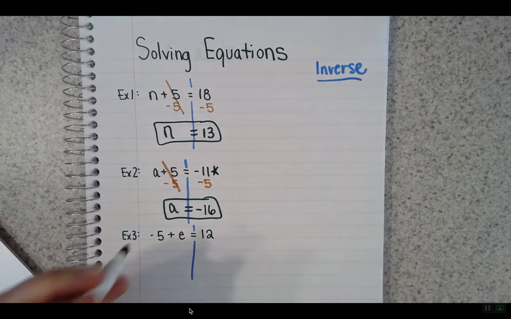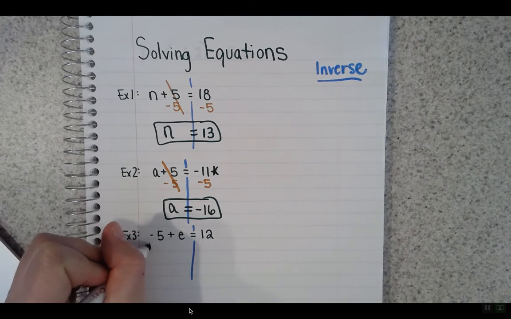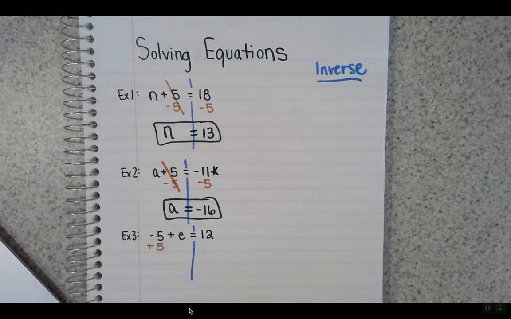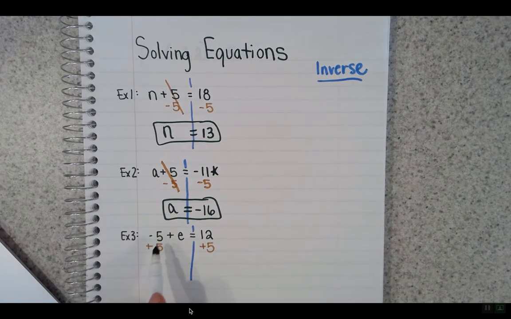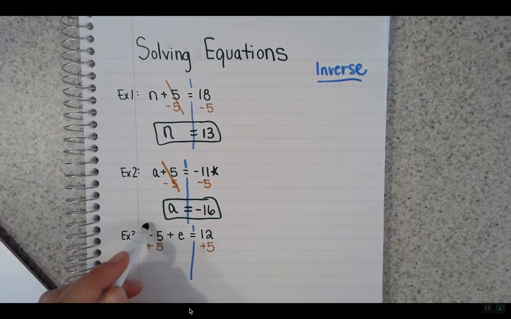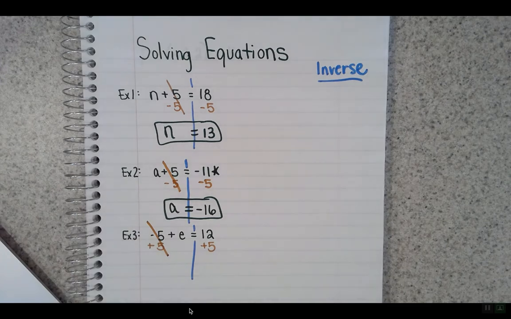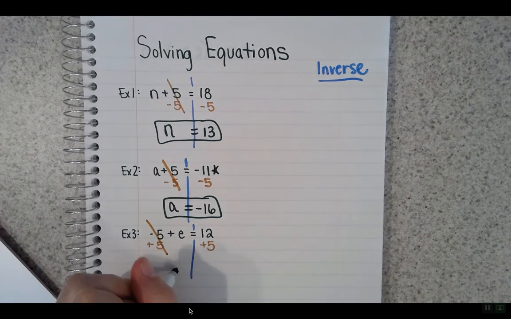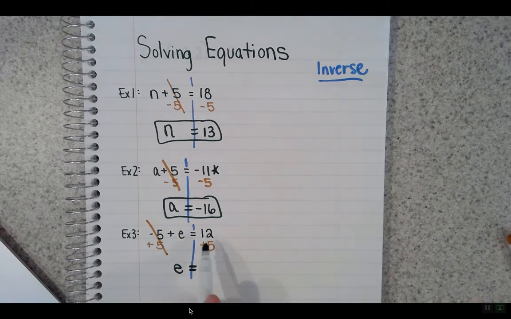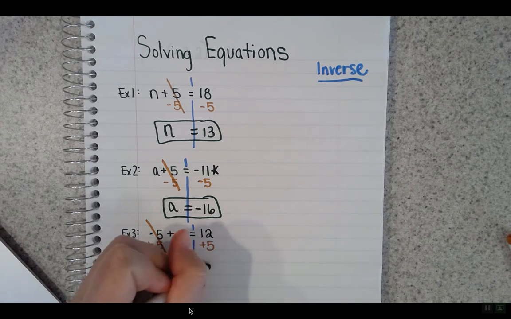The opposite of a negative is a positive 5. Okay, a negative 5 and a positive 5, those will cancel each other out. Now e is by itself on the left side of the equal sign. And doing this math will give you my answer. 12 plus 5 is 17.